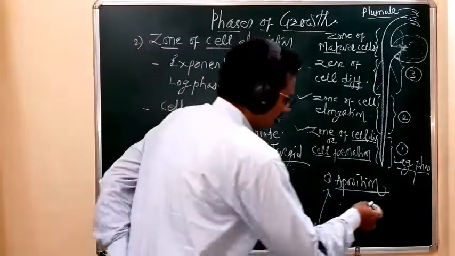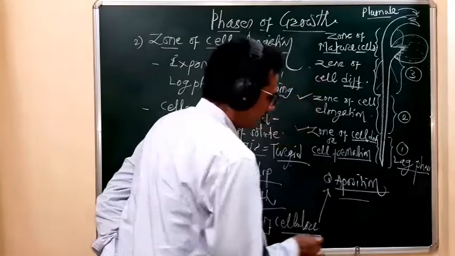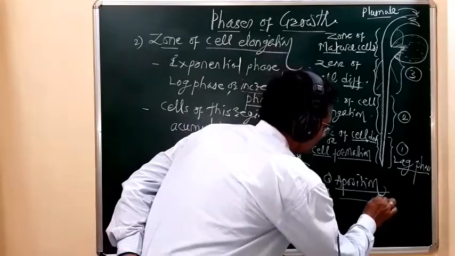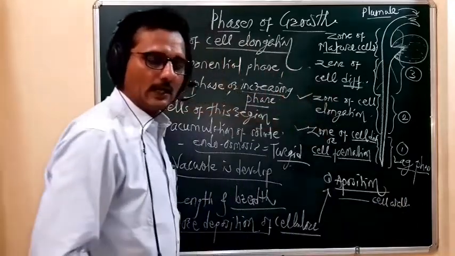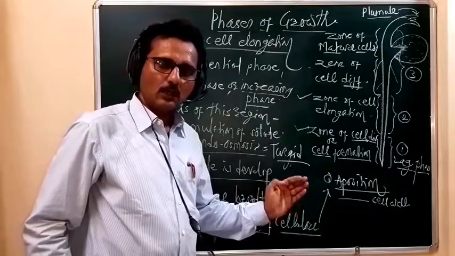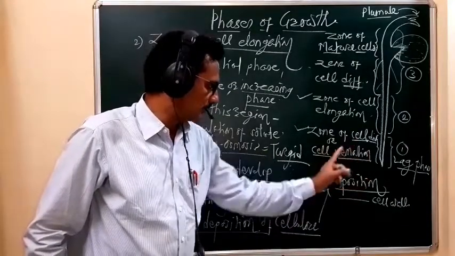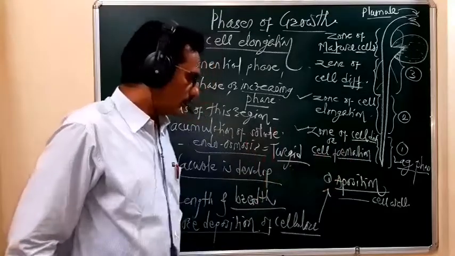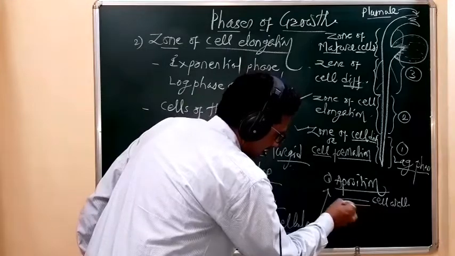Suppose this is the previous cellulosic cell wall, the one retained from the zone of cell division, or the zone of cell formation. This is the cell wall, followed by the cell membrane.